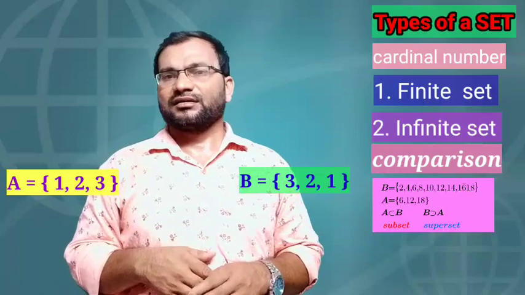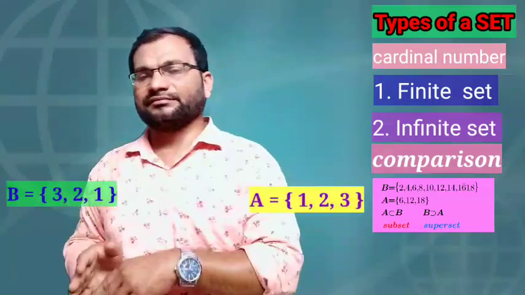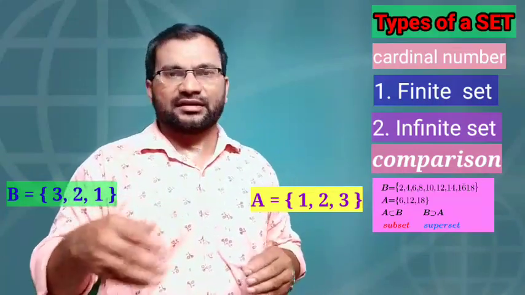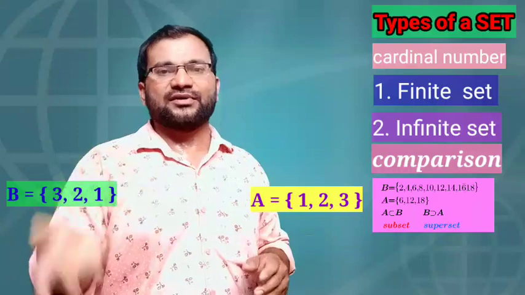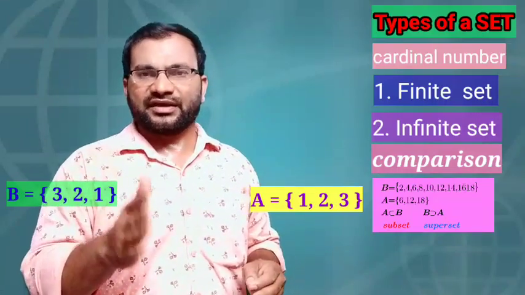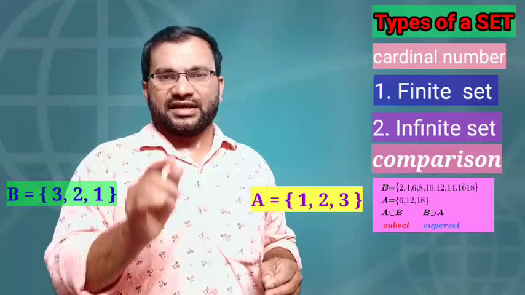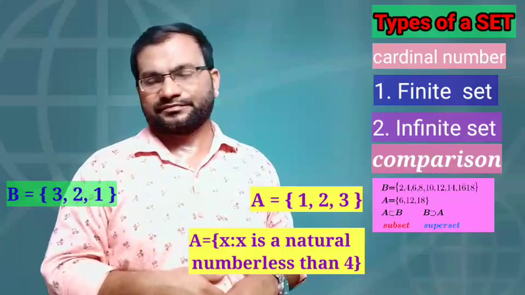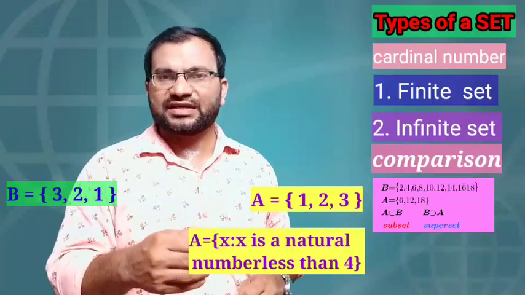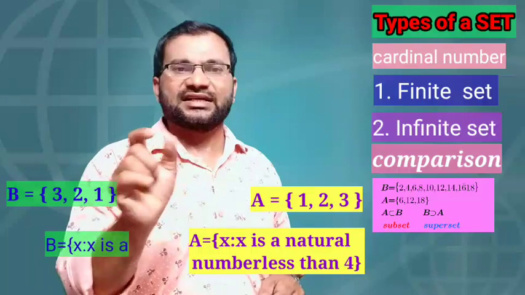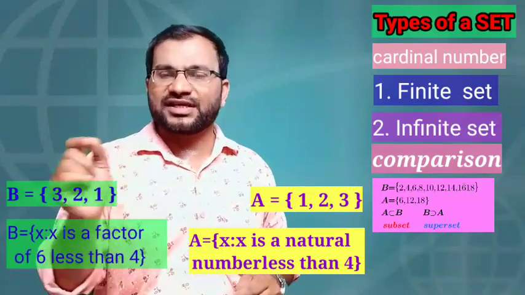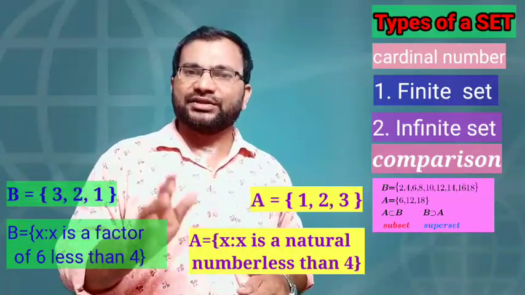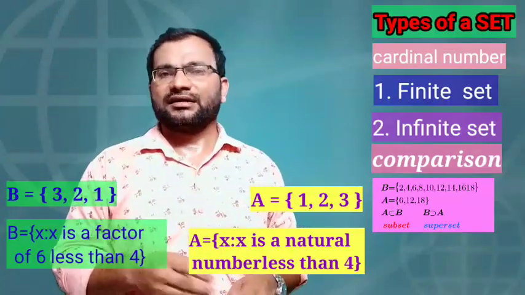So all elements in A are in B, all elements in B are in A. Suppose A in set builder form is {x such that x is a natural number less than 4}. And I take set B in set builder form as {x such that x is a factor of 6 less than 4}. So again I get 3, 2, 1 or 1, 2, 3 in my set.